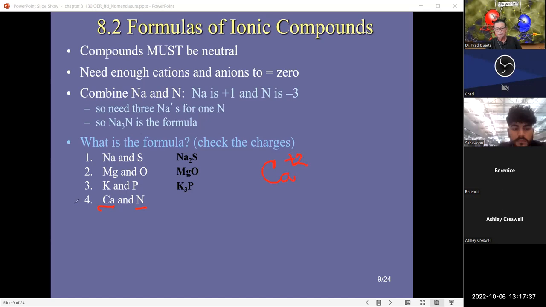It will lose 2 electrons. Nitrogen we just did, which was a -3. Now the previous examples are pretty straightforward. It's either a 1-to-1 ratio, or I need 2 or 3 of the cations for 1 anion. But here we have a 2-to-3.